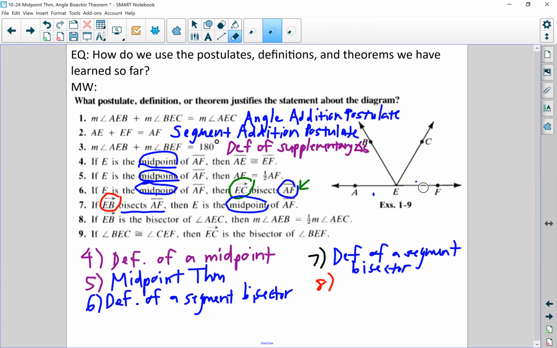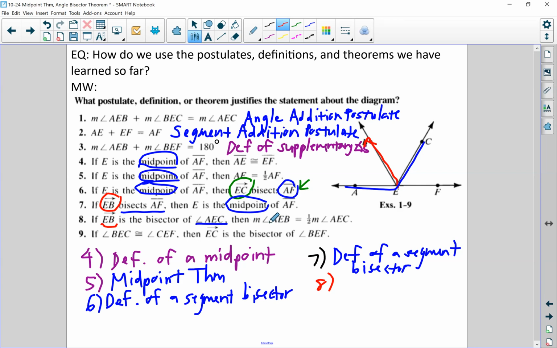All right. So number 8. Number 8 says ray EB, this ray again, a bisector of AEC. Let's do that. AEC in blue. And we said the EB, the ray in the beginning of 8 was in red.